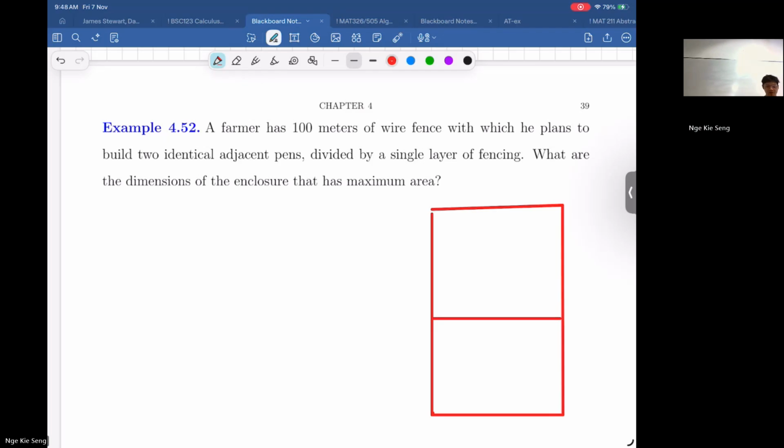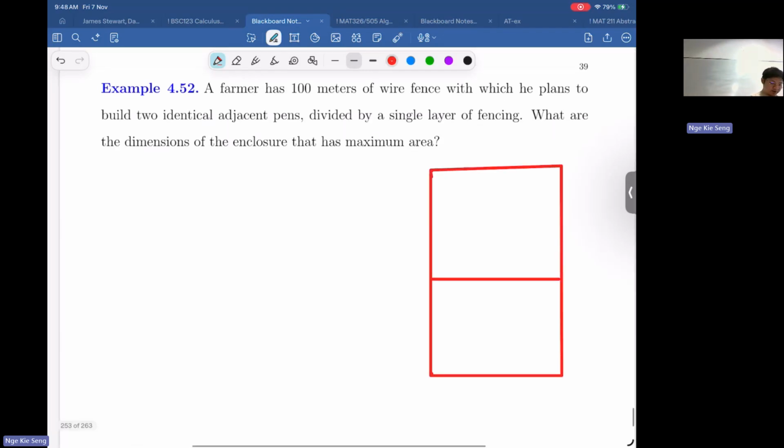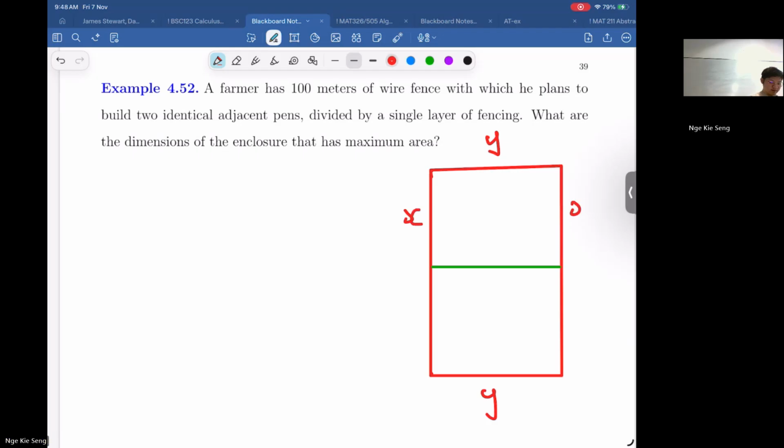If they are identical, that means their length should be the same, or maybe call it y, and their width should also be the same, so let's call it x. And the farmer just used 100 meters to build this. So meaning what?